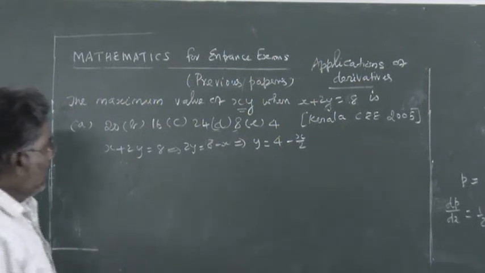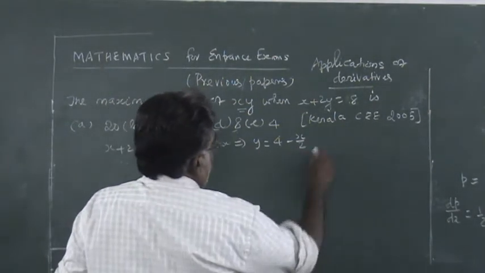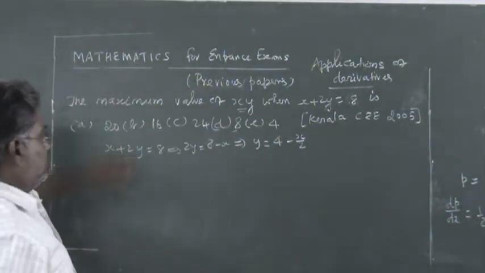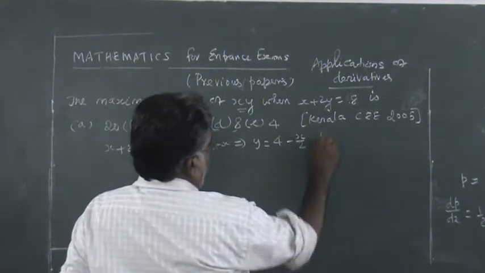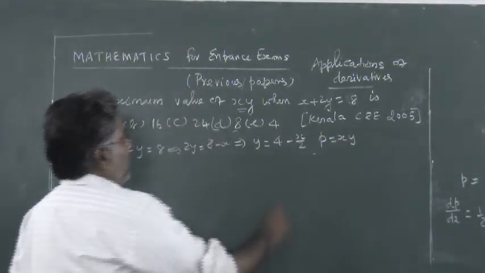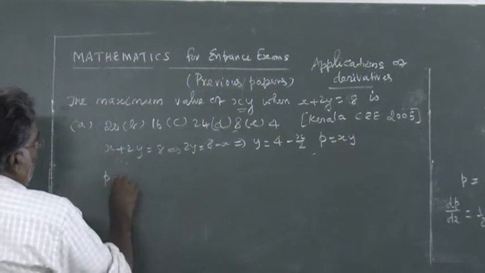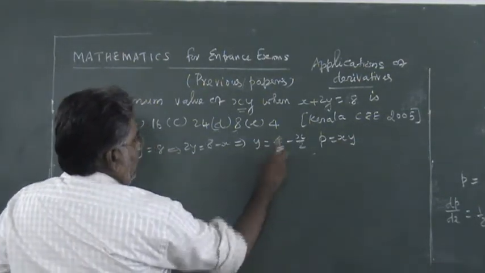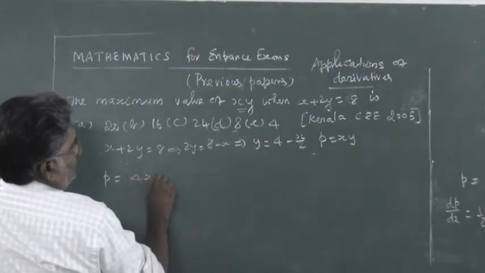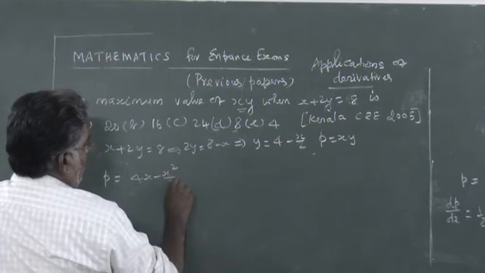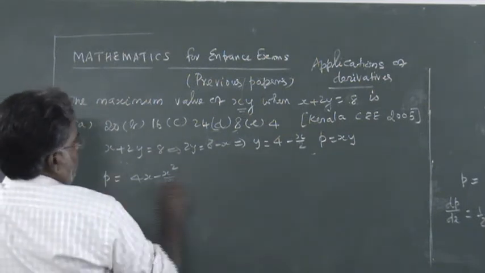Then, because you want xy to be maximum, you define a new function P, which is the product xy. Multiply y by x, so you get 4x minus x squared by 2.